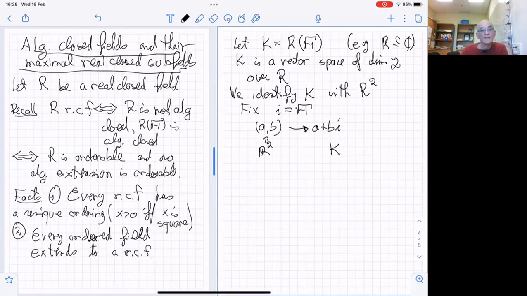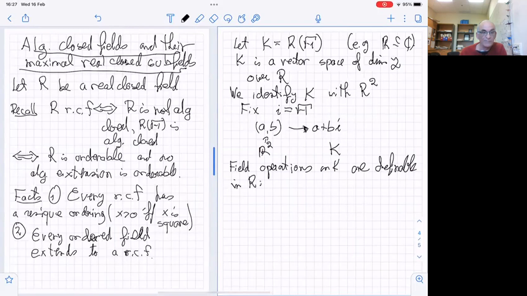Okay. And what we get, we know from complex analysis, talking about the connection to model theory, is that the field operations, which are maps from K squared to K, or from R to the 4th into R2 under this identification, are definable, in fact polynomials in R. Let me see what I mean by that.